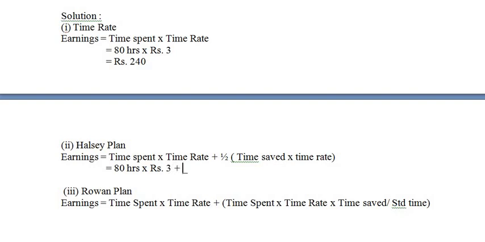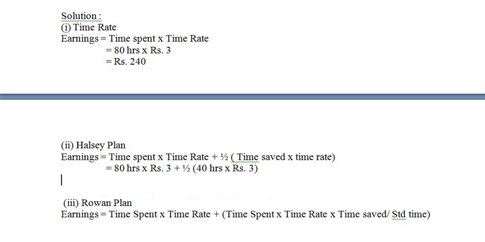Okay. Now plus half of time saved. Standard time is 120 hours. So 120 hours minus 80 hours, so that is 40 hours time saved by him into time rate, rupees 3. Okay.